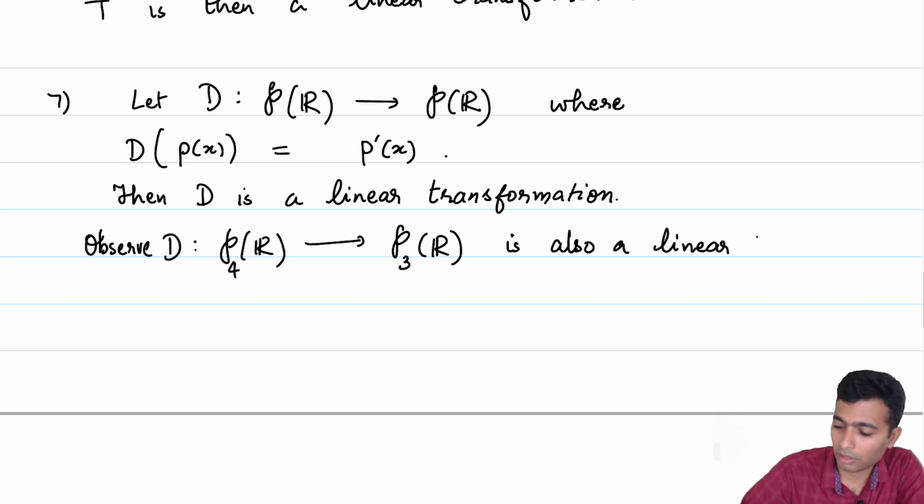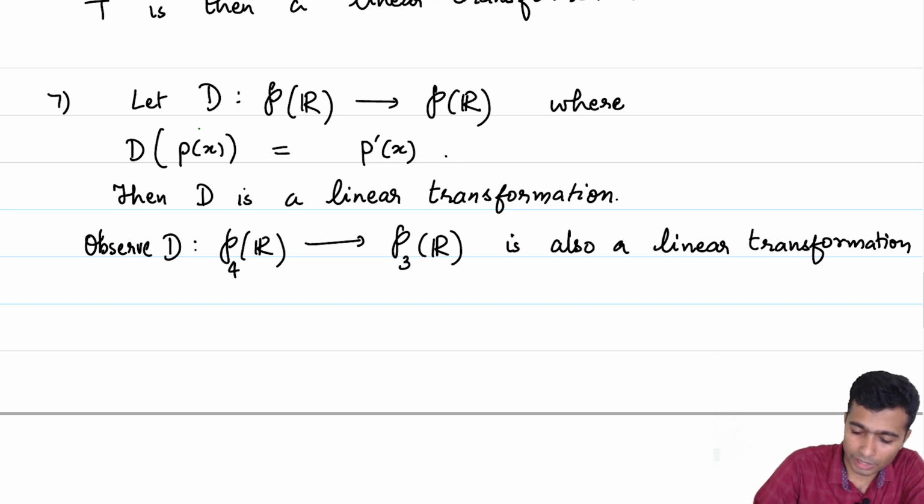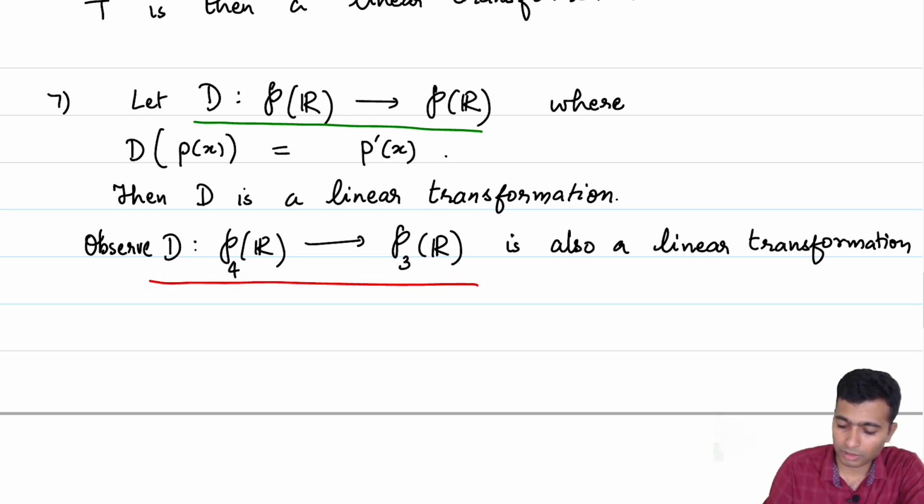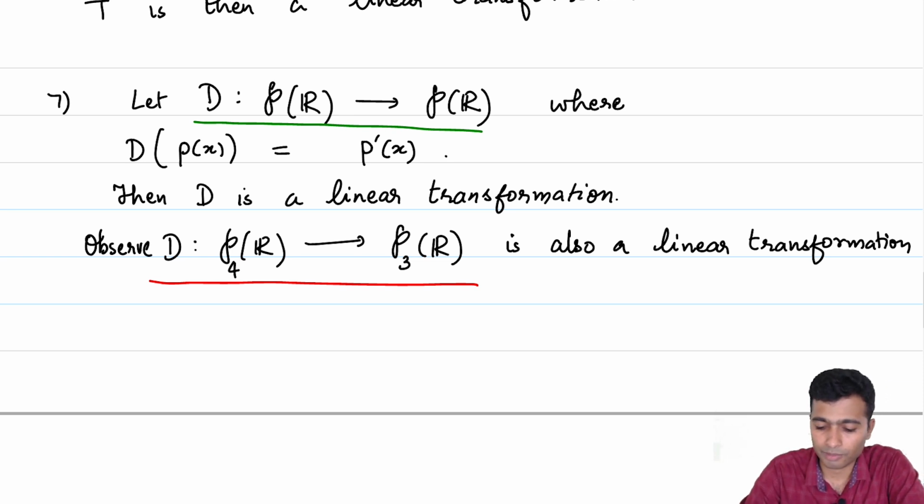I would at this point make the distinction that the example which I am underlining in green is technically different from the example which I have underlined in red, because the vector spaces from which the linear transformation underlined in green is P of R and its range is also P of R. That is not the case in the case where it is underlined in red. It is a linear transformation from P4 of R to P3 of R.